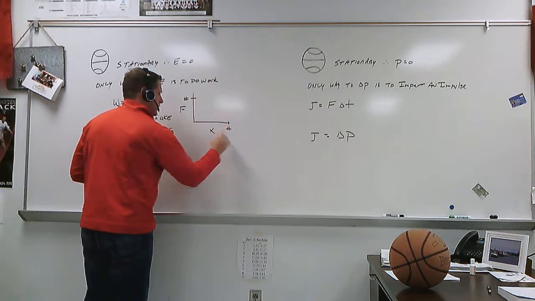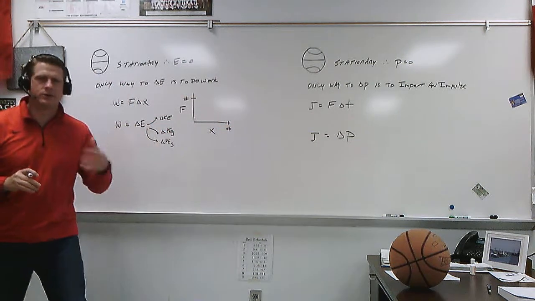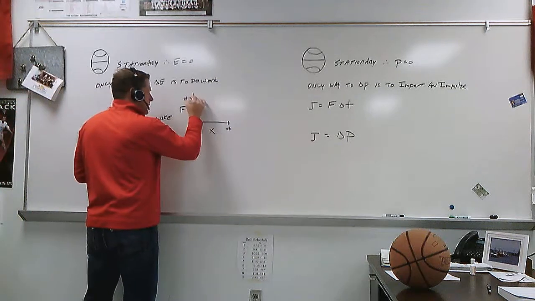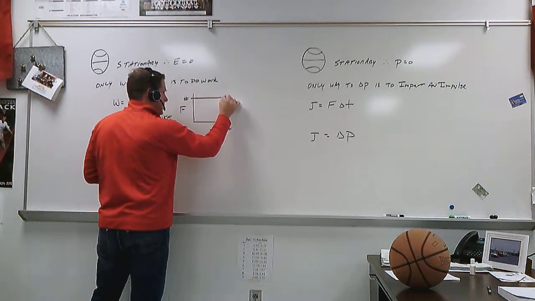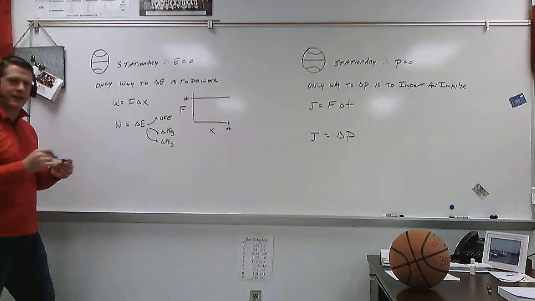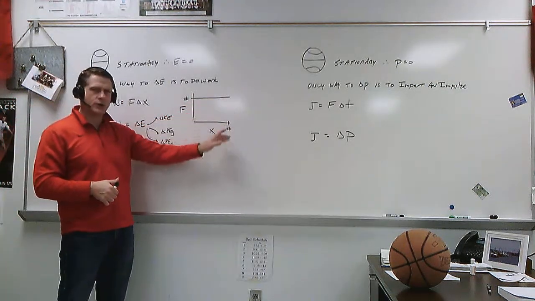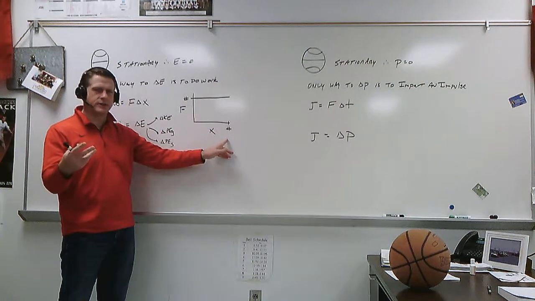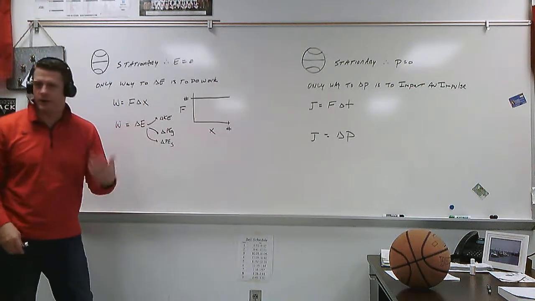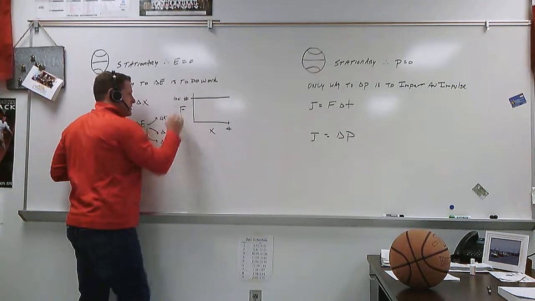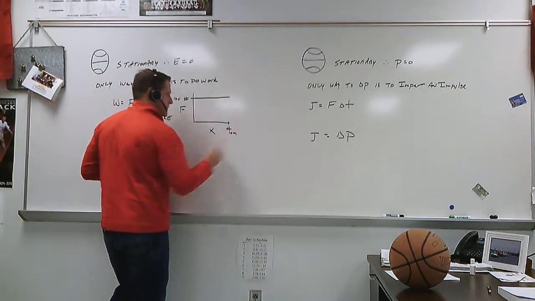Could be 10 or whatever, but I'm trying to avoid putting a number up there. Well, if the graph of force times distance looks like that, then there's a constant force over a total distance. Let me put a number in there for just a second. Let's say this is 10 newtons and this is 10 meters.